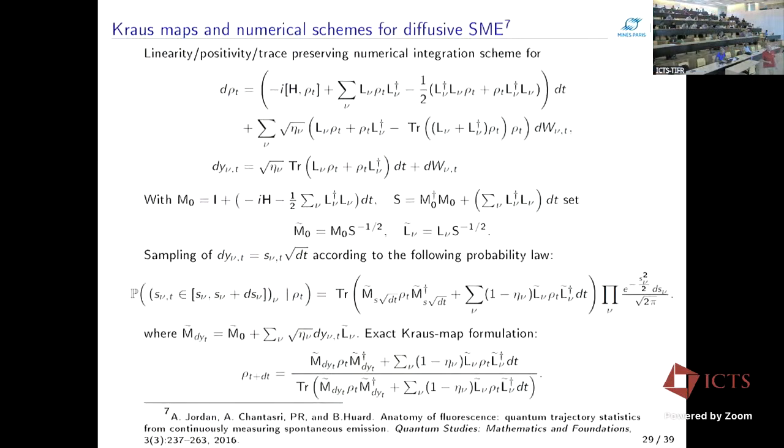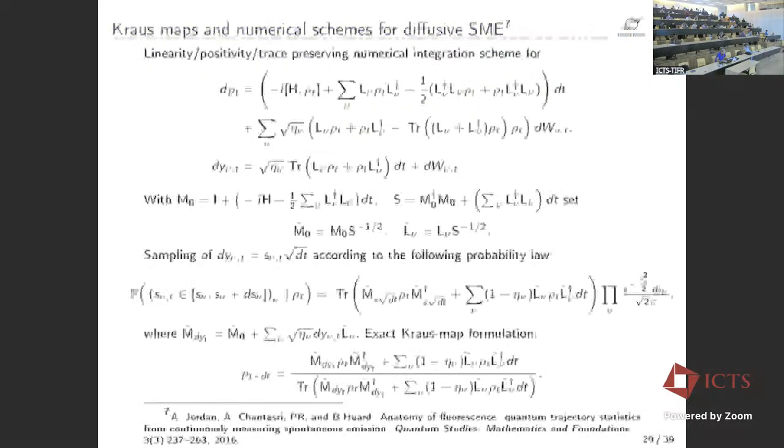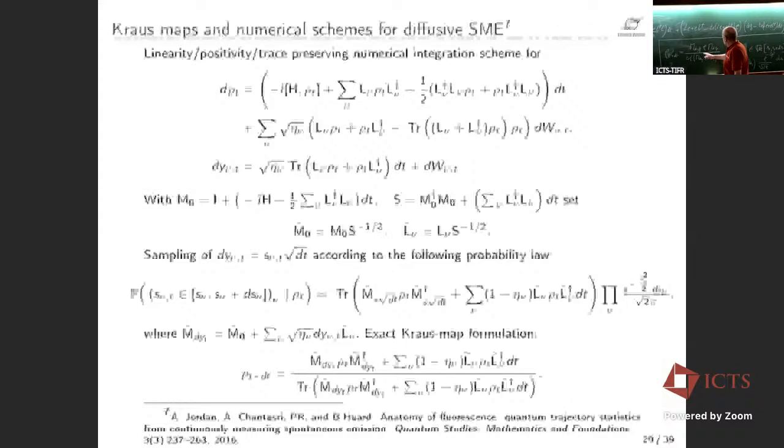Before that, it is a very good exercise to prove this with Ito rules. With Ito rules, you use the fact that dy squared is equal to dt. So you take this, you use Ito rules with this thing.